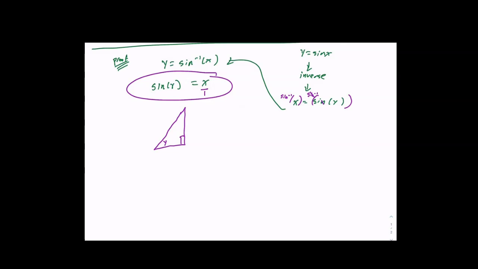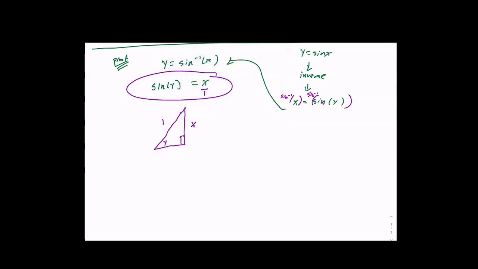So the opposite is x, and the hypotenuse is therefore 1. So sine of y equals x, this is a picture that represents that. If I look at this right triangle, it follows that the sine of y is equal to x over 1, which is, of course, x.